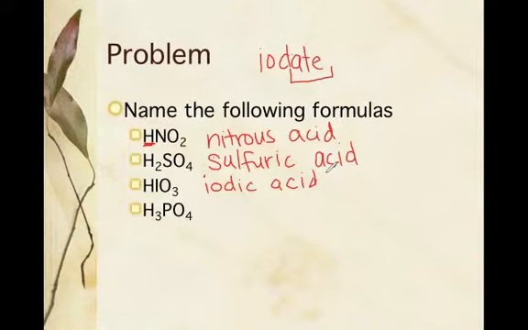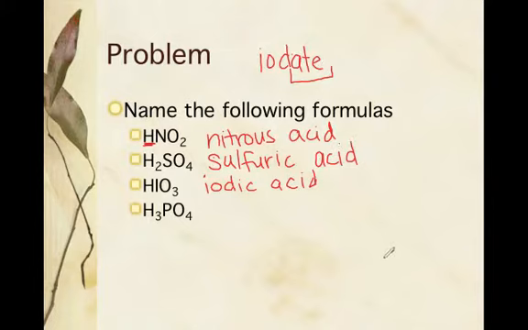No, NO2 is nitrite. It's an ITE. Right, that's because NO2 was nitrite. It had an ITE ending. So ITE endings change to OUS, and an ATE ending changes to IC. Will it always have hydrogen?